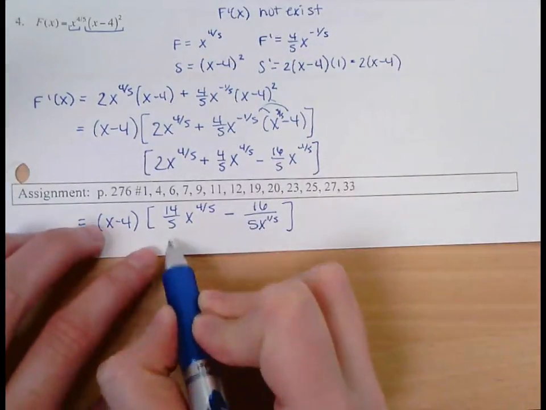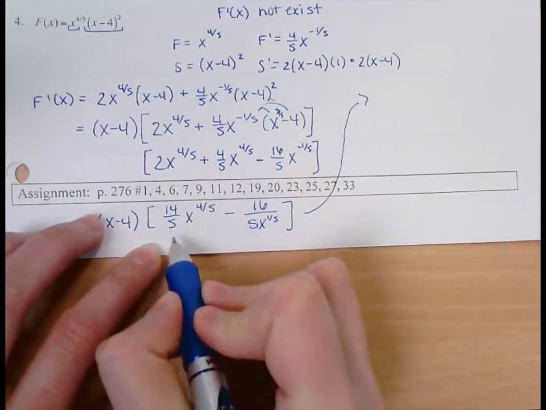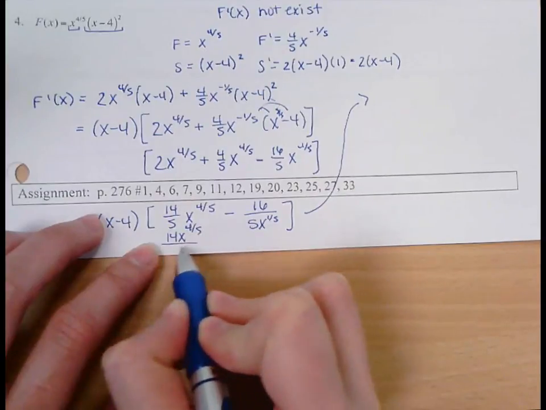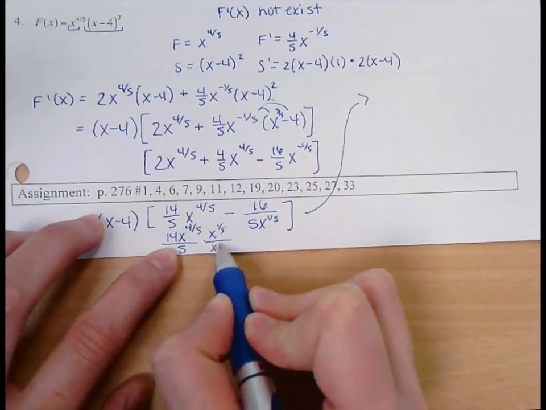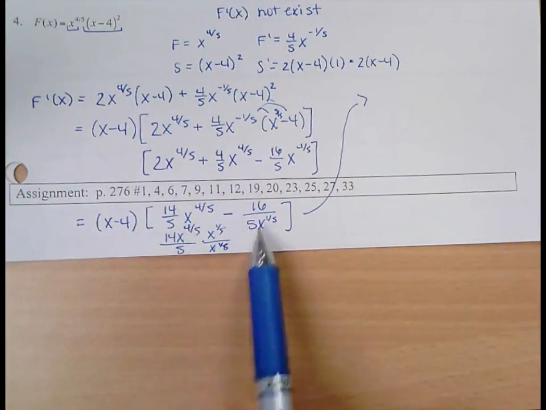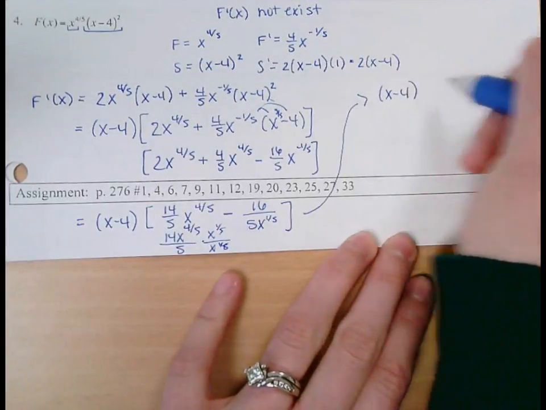So this would really be, and I'll rewrite this up here. Didn't leave a ton of room on here, sorry about that, but this is 14x to the 4/5 over 5, so if I multiply by x to the 1/5 over x to the 1/5, and that way my two denominators would be the same. So then I still have the x minus 4.